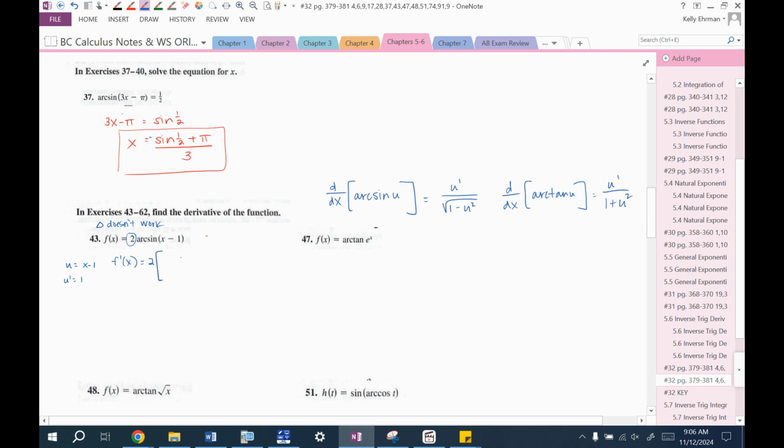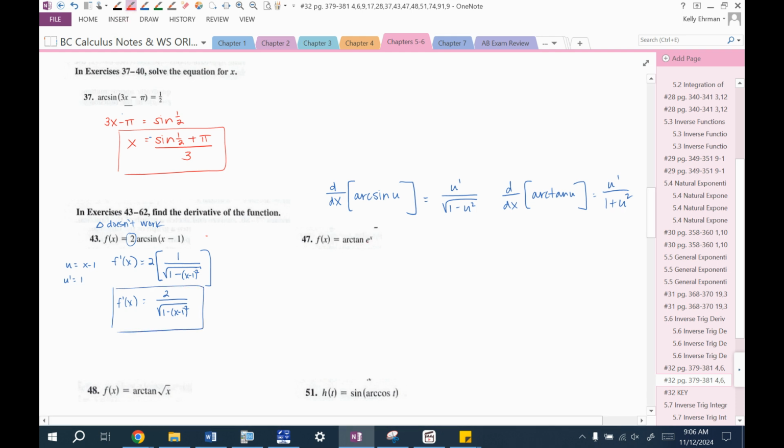So it's u prime, which is 1, over the square root of 1 minus u squared, x minus 1 squared. I'm not going to bother squaring that out. I'm just going to maybe put the 2 on top. So 2 over the square root of 1 minus, you could square out that quantity if you want and combine like terms, but I don't think that's necessary. So we found the derivative.